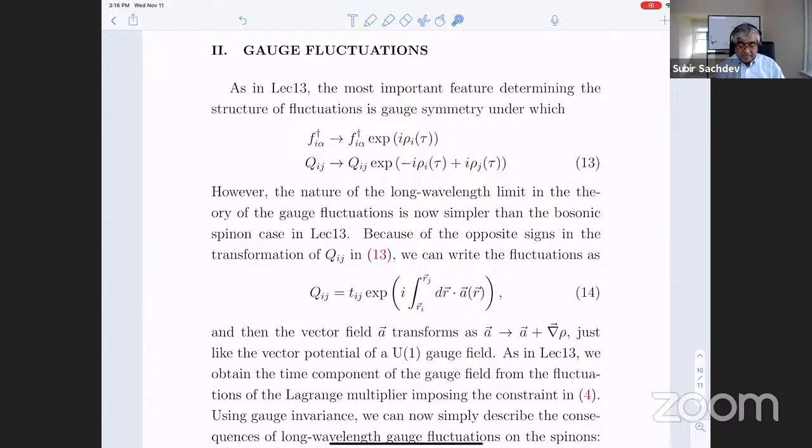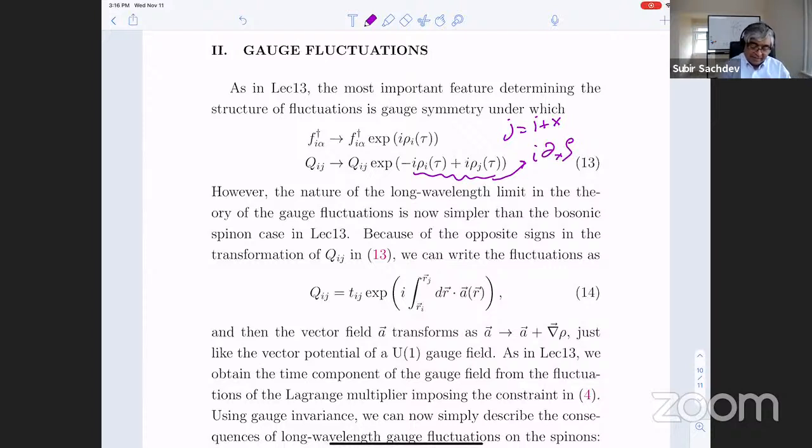And now you see that this is actually a very nice form. It's just the difference. So if you imagine that the phase is slowly varying, and we're only interested in things that are slowly varying on the scale of the lattice, then with j equal to i plus x, let's say, just one distance away, this quantity here is just equal to the derivative d by dx of rho.